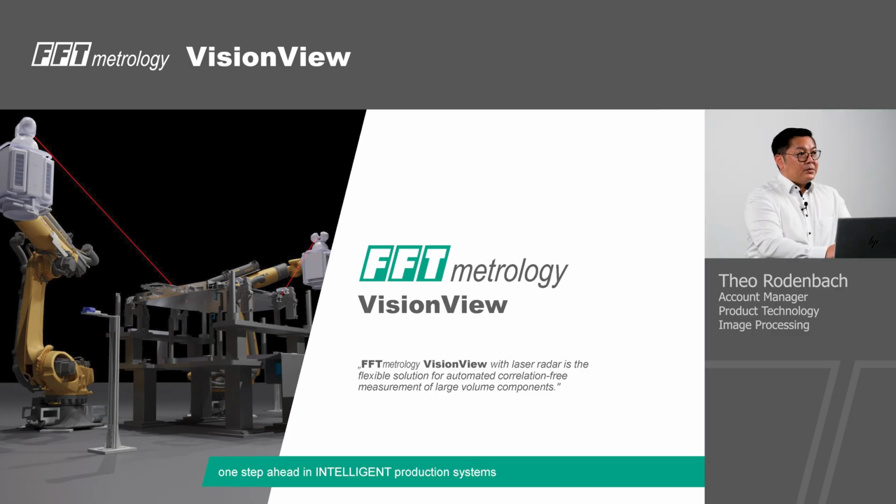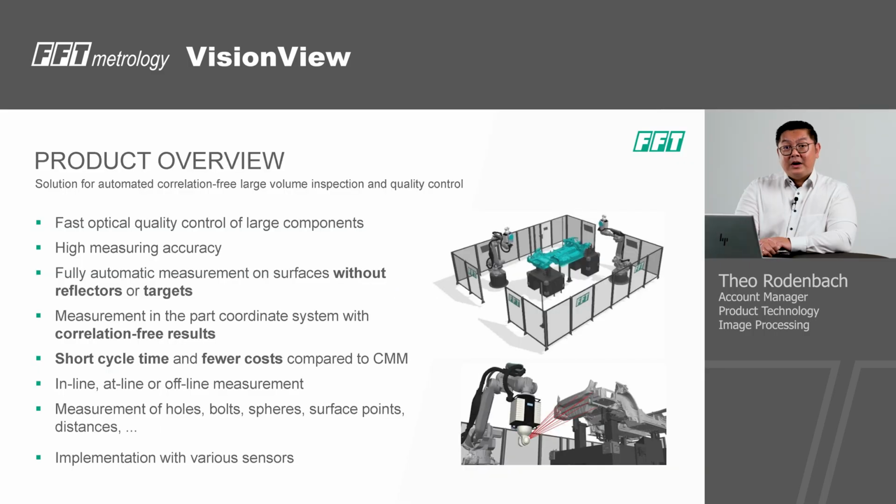Let me walk you through the main features and how it can benefit your production process in a fully automated way. We have developed our own software called VisionView, specifically for inline and shop floor measurements. The software is at the core of our measurement system and controls every step of the process.